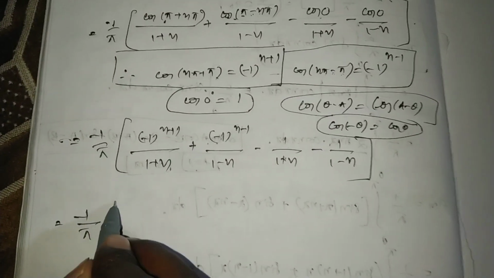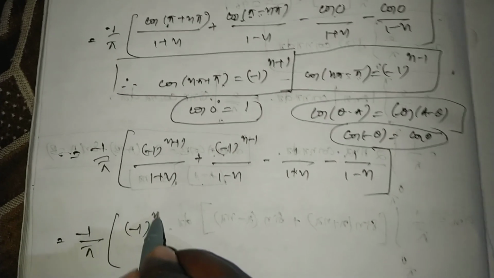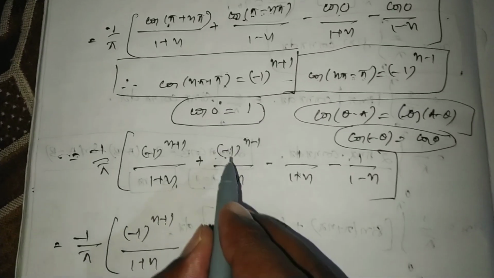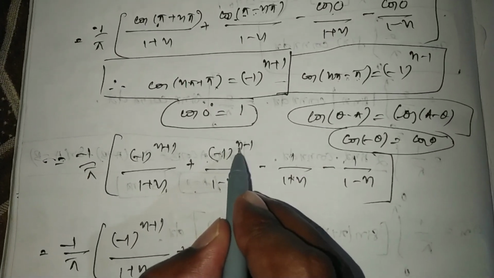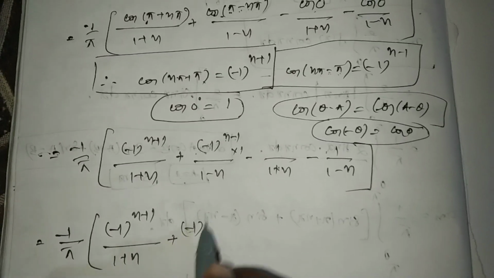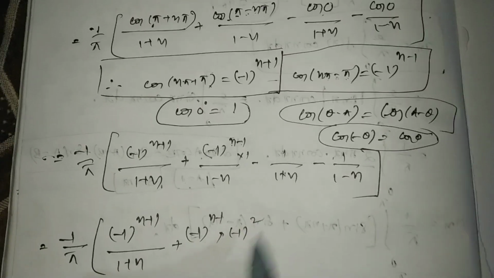That is equal to negative 1 by pi whole into, so this is (negative 1) power n plus 1 by (1 plus n) plus, here we can write this is (minus 1) power n minus 1 into 1 also. So (minus 1) power n minus 1 into 1, we can write negative 1 square also.